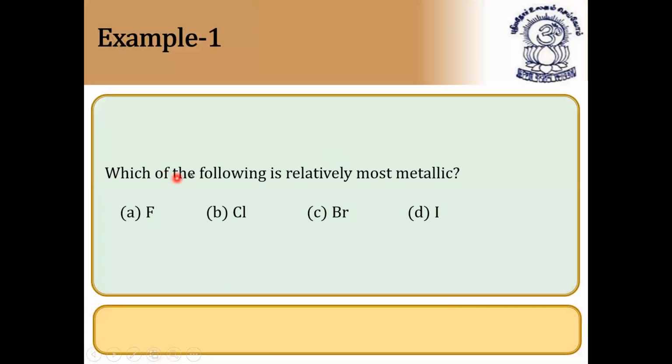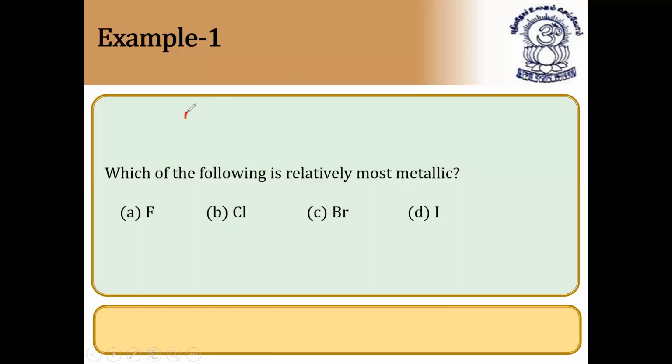Question number 1. Which of the following is relatively most metallic? As we go down the group, the electronegative character decreases. In fluorine, chlorine, bromine, and iodine, actually all these are non-metals only, but still it is most metallic in the sense here.